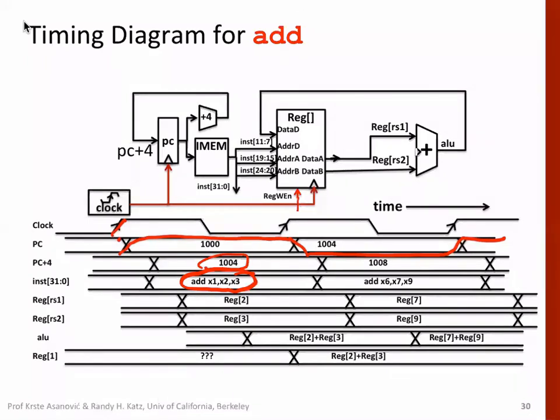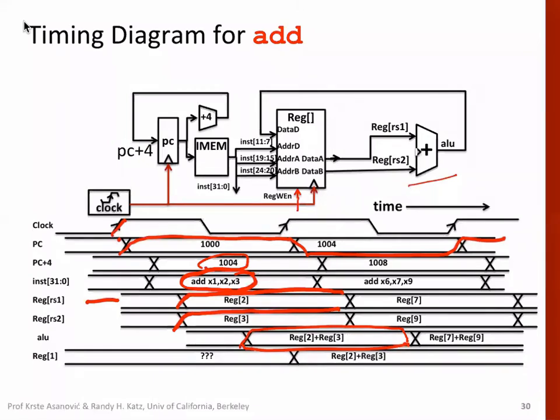And then we can see at this timing, register value R2 is read, and at the same time, register value R3 is read. And after some time, there will be some combinational logic delay, and then this addition will happen, and the output value will be available here during this period.